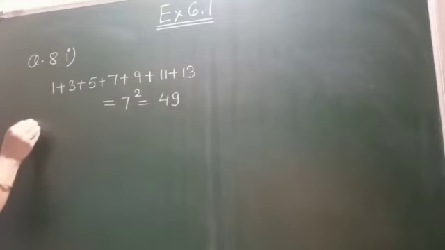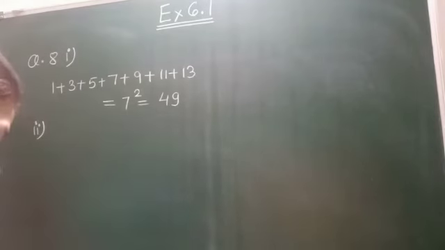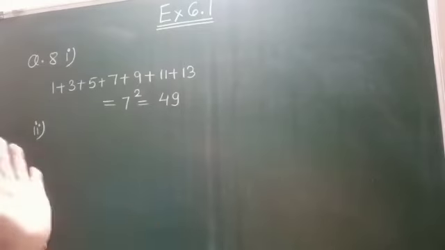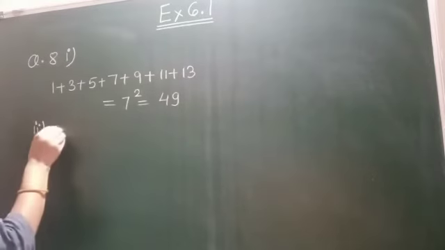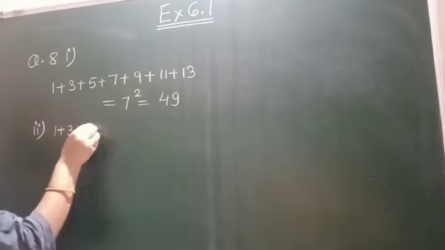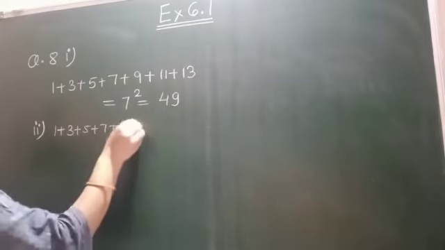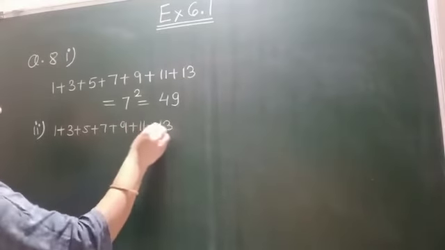Similarly, we will simplify the second one also. In the second question, we have to express 121 as the sum of 11 odd numbers. So what will we write? 1 plus 3 plus 5 plus 7 plus 9 plus 11 plus 13.